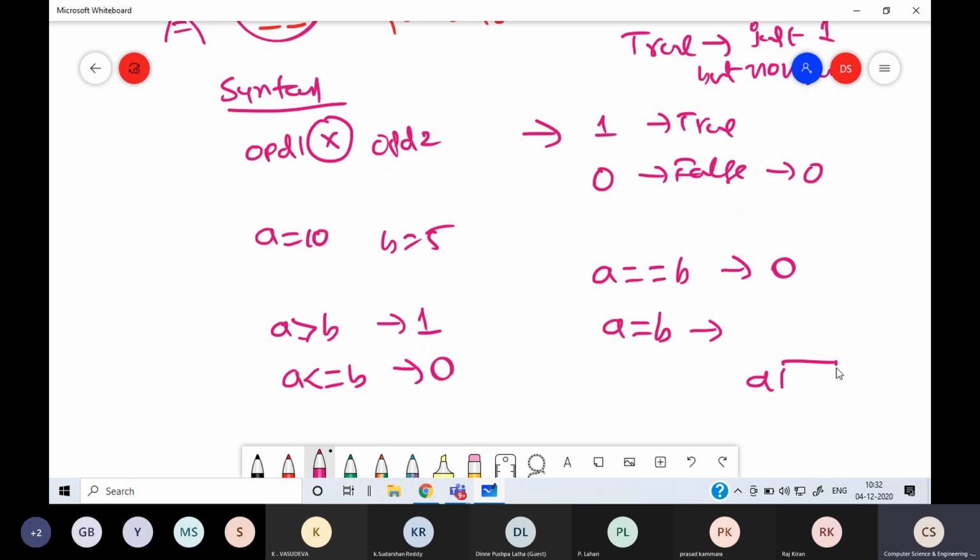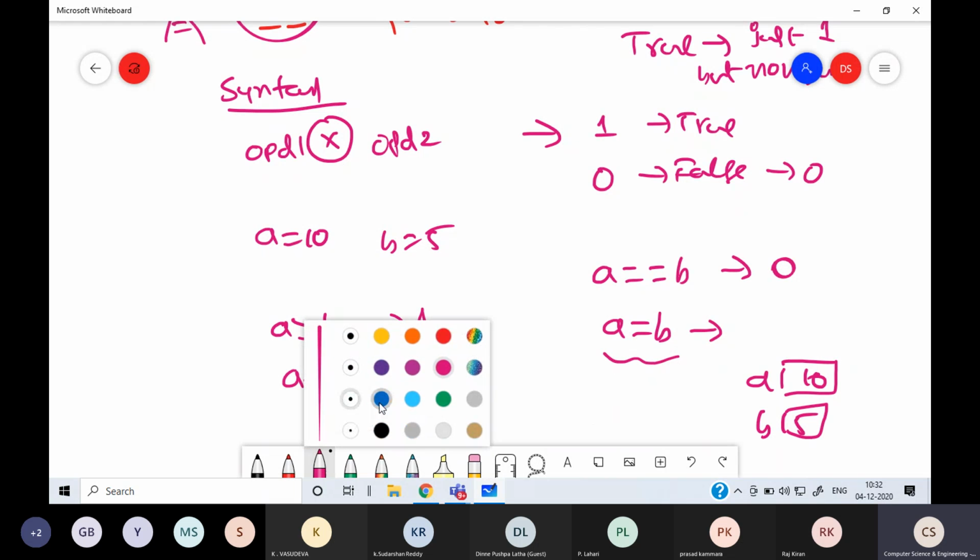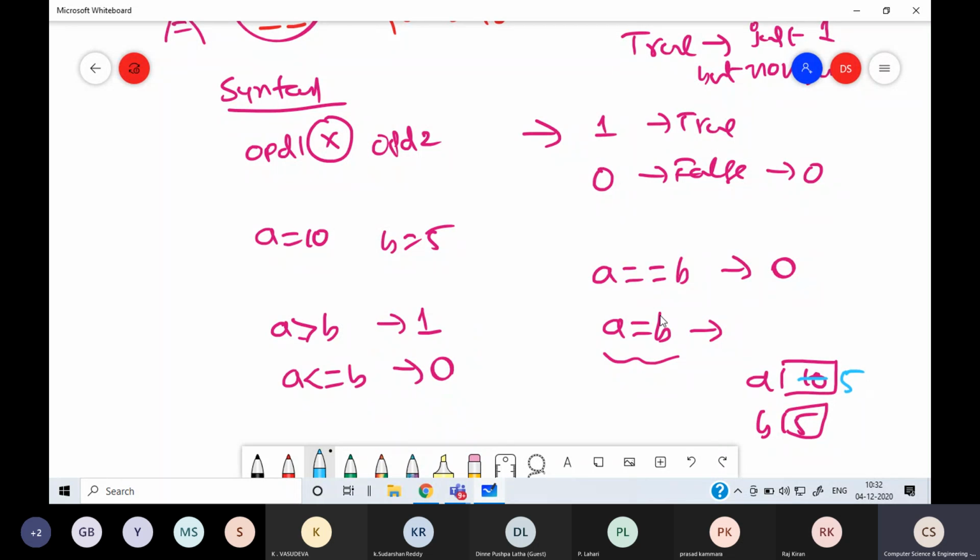Now if I write A equals to B instead, it will not give any kind of error. A is 10 and B is 5, and I am using this as a relational expression. Now B is going to be assigned to A, and the result of this expression is 5. 5 is considered to be true. So by mistake, if you use single equals to instead of double equals to, the result will change.